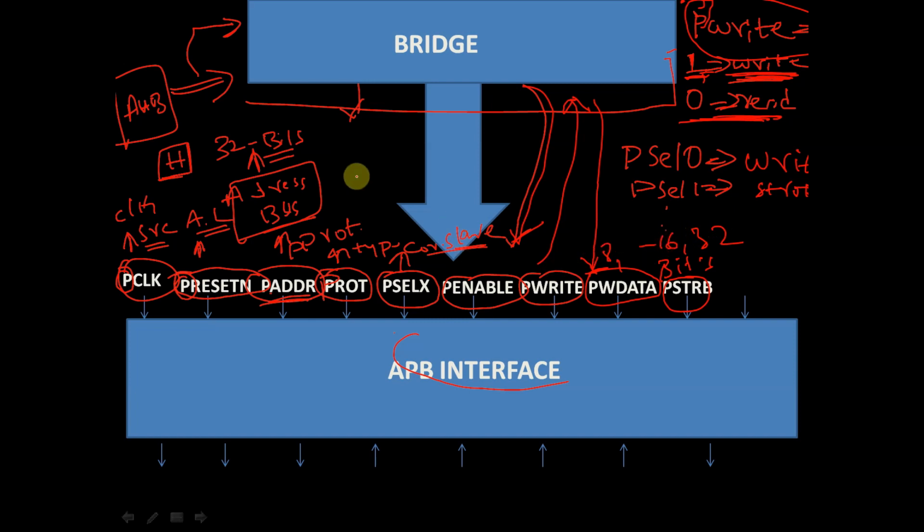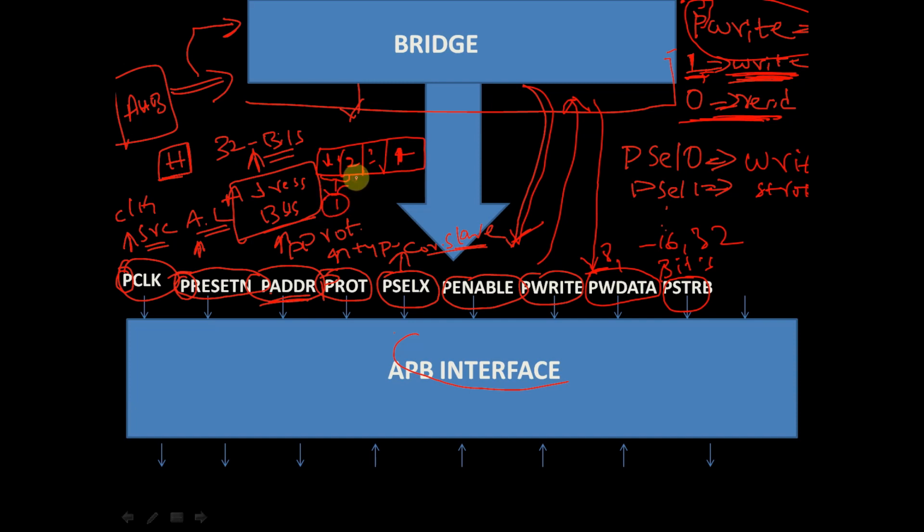For example, if we have a 32 bits packet, that is we have 4 bytes. In a 32 bits data packet, we have 4 bytes. This is byte 1, this is byte 2, this is byte 3, and this is byte 4. So for each byte, we have one strobe signal.